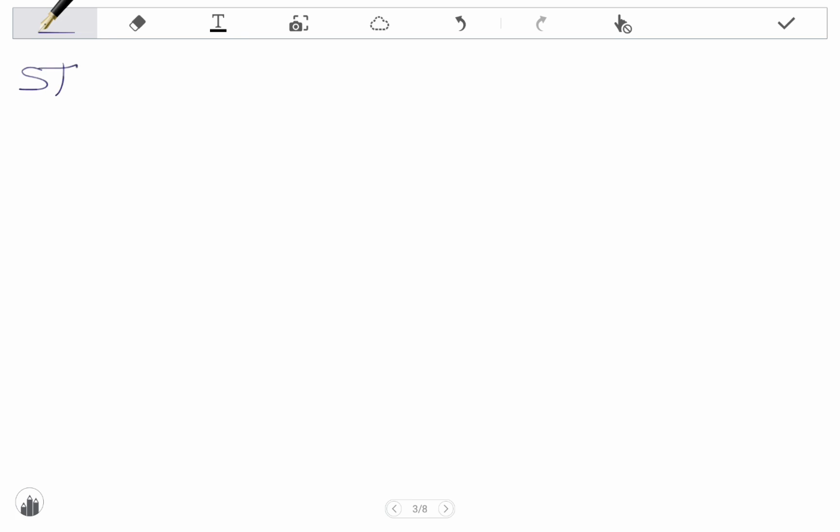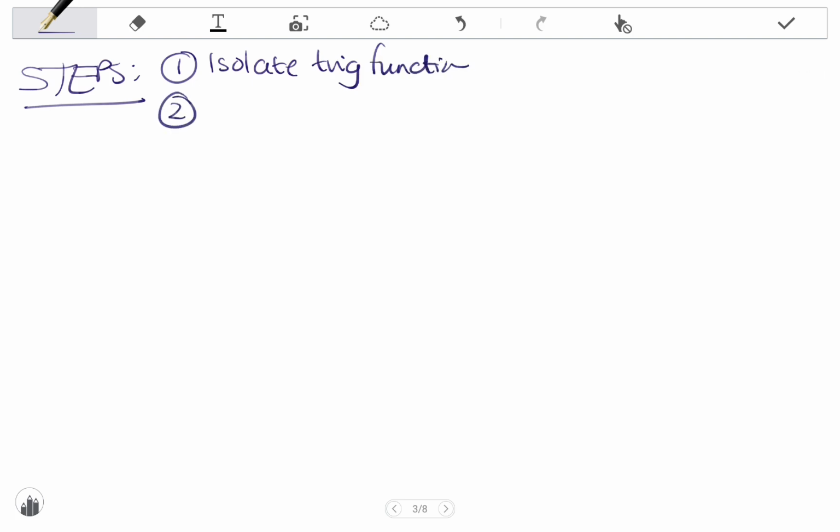Our steps: the first thing you're going to do is isolate the trig function. The second thing you're going to do is find the key angle. The next thing you're going to do is determine the quadrants in which the solutions lie.